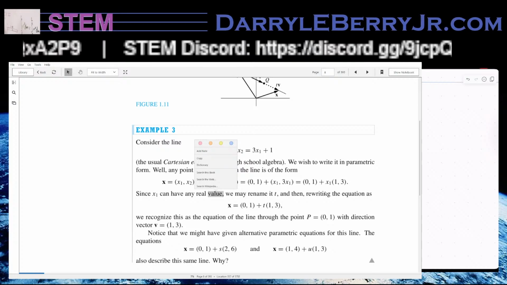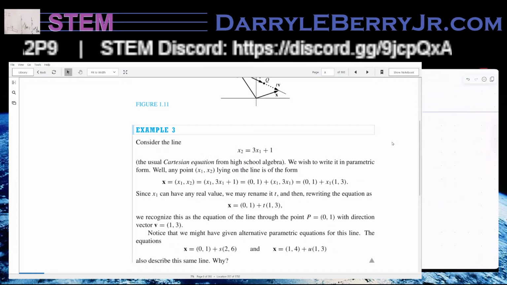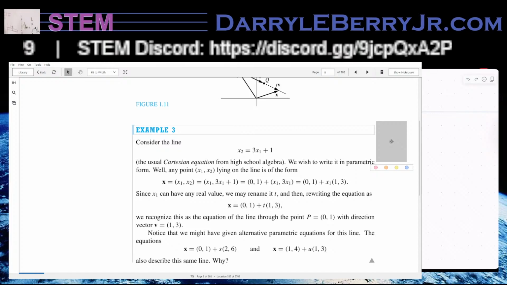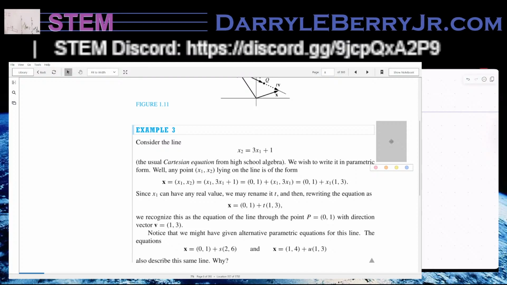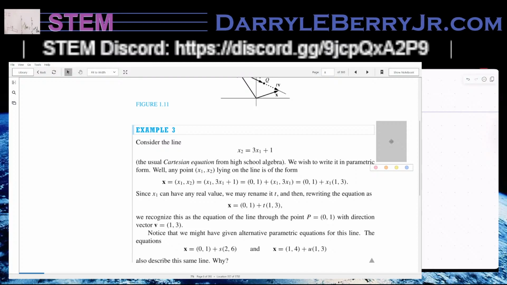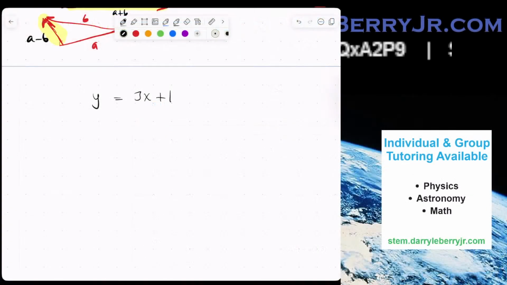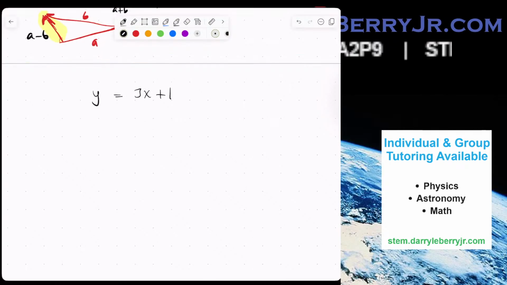Why don't we do this problem specifically, see if we could work it backwards. So we have the line. Now what I'll do is start it in the other form, y equals 3x plus 1. So that's the sort of line that we're used to seeing. So now we're going to put it into the form x2 equals 3x1 plus 1.